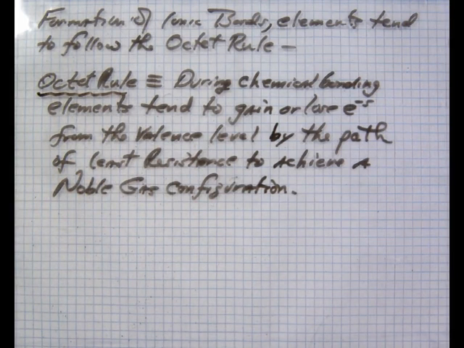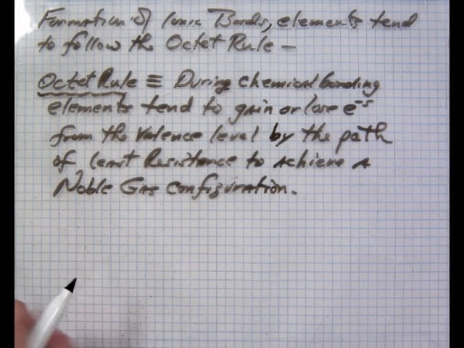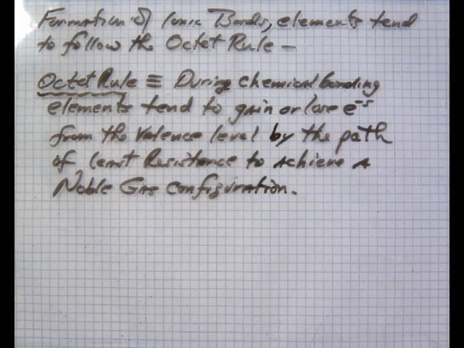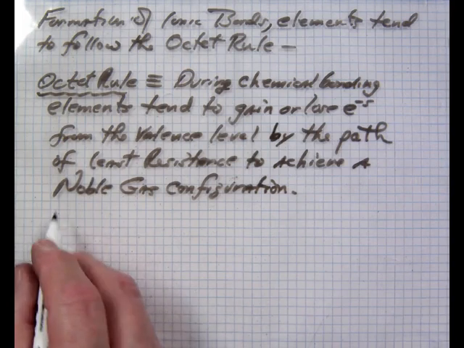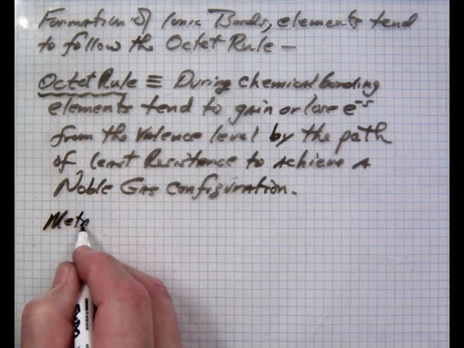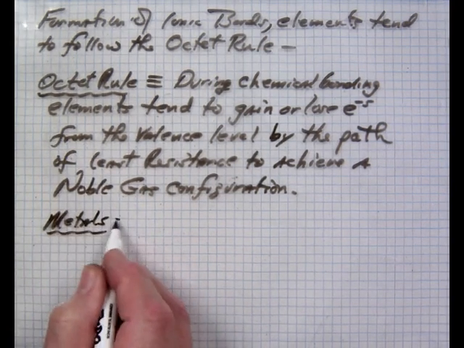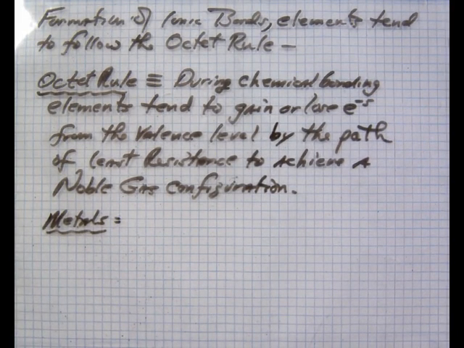Application of the octet rules to the elements on the periodic chart. When we apply this rule to the formation of ions, we look at metals first, and just because they're on the left, we like to list cations before anions. I don't know why.